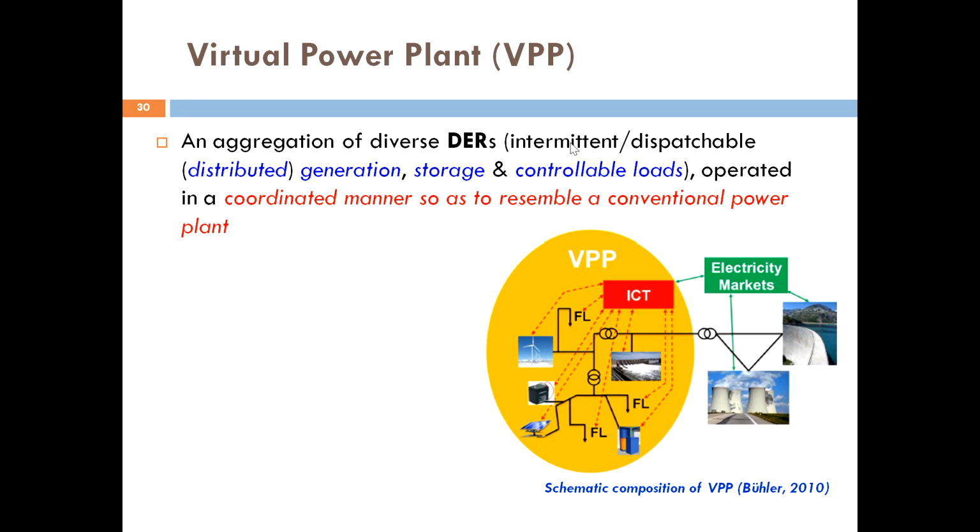Okay. So a virtual power plant makes use of advanced information and communications technologies to set up a portfolio of coordinated resources that are spread throughout the electricity network, and it creates a portfolio that would actually resemble the operation of a conventional power plant.